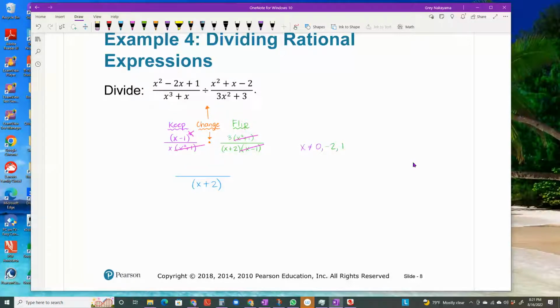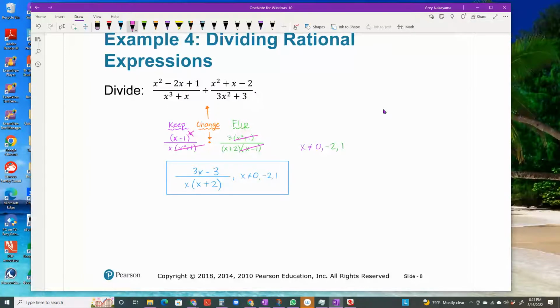So I'm going to have x and x plus 2 on the bottom. I do not have to multiply it out, and I did multiply it out on top. 3x minus 3, because I'm just multiplying this 3 right here times x minus 1. I still have to remember what x cannot be. I got to carry that down, 0, -2, and 1, and then I'm done.